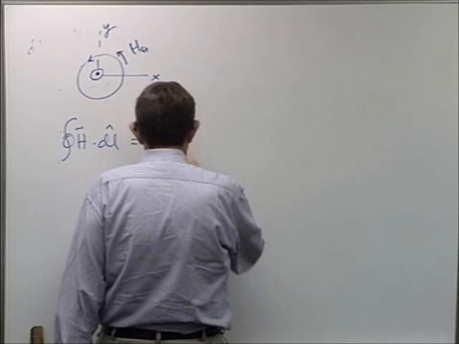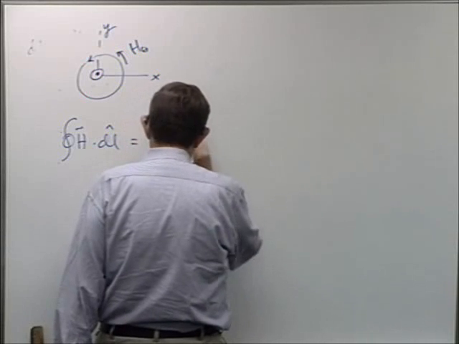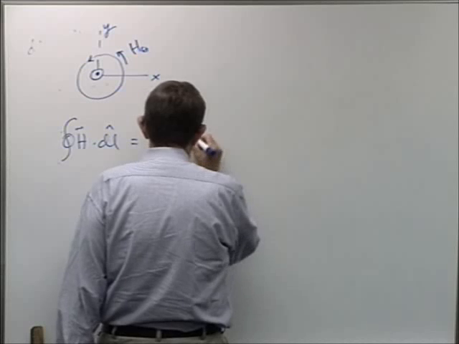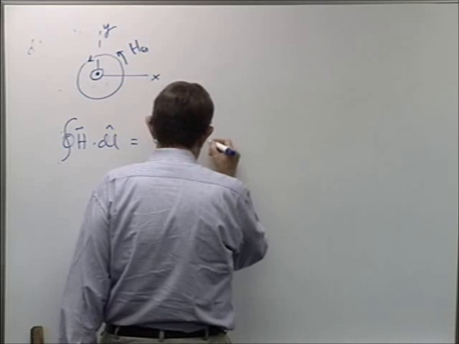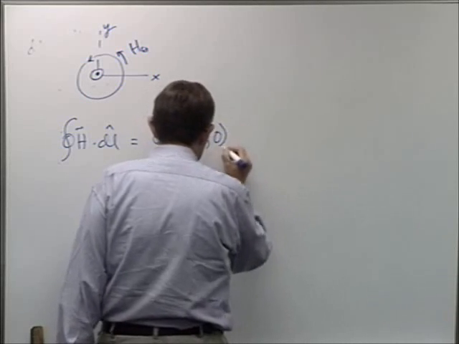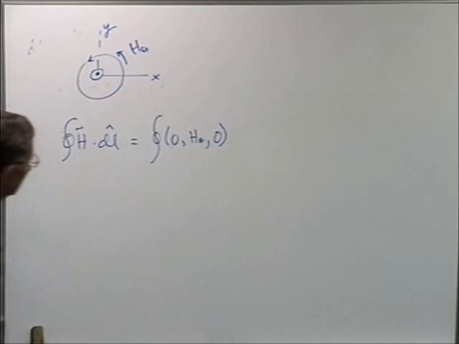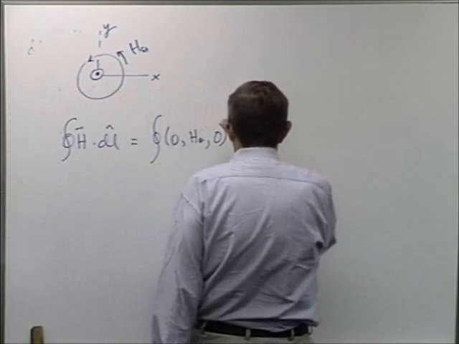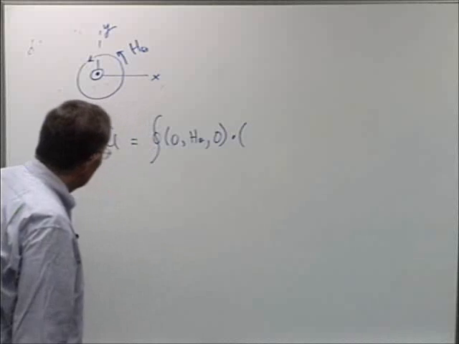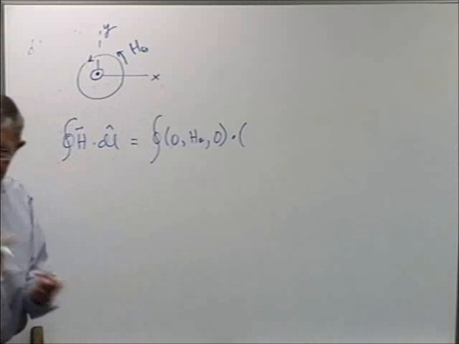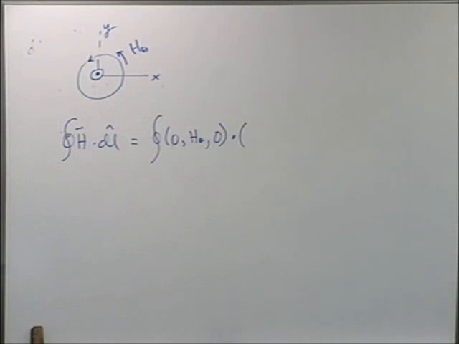There's no R component. There's a theta component. There's no Z component. So that's H. And you're going to dot that with dl. And dl in any coordinate system is just the elemental lengths as a vector.